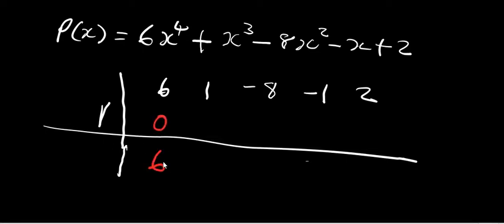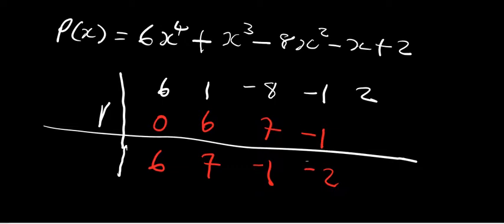It's going to be 6. 1 times 6, it is 6. 1 plus 6, it is simply 7. 1 times 7, it is simply equal to 7. -8 plus 7 is going to be equal to -1, and then 1 times -1, it's going to give you -1, and there it's going to give you -2.